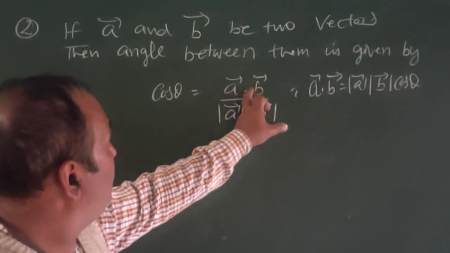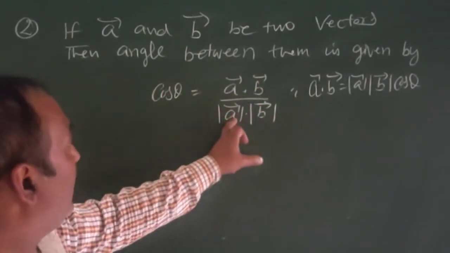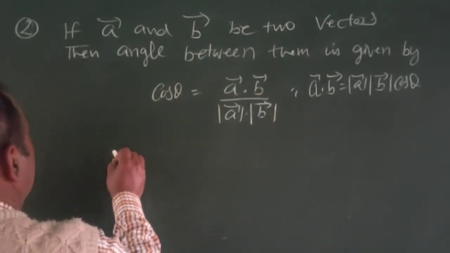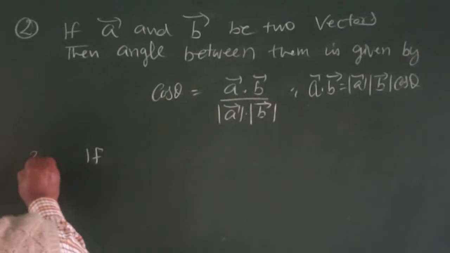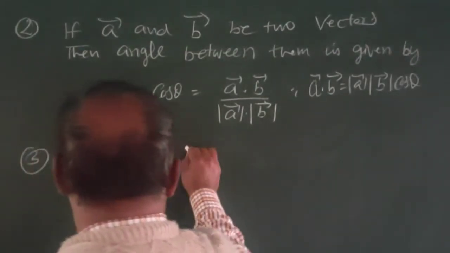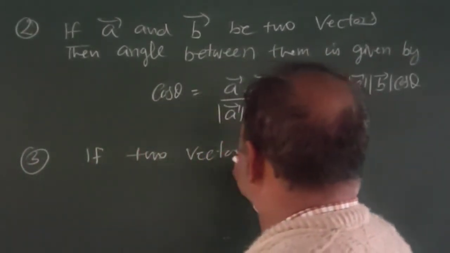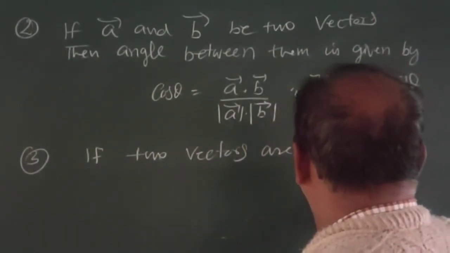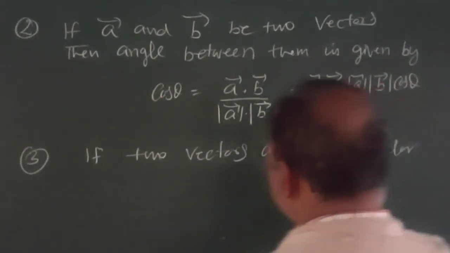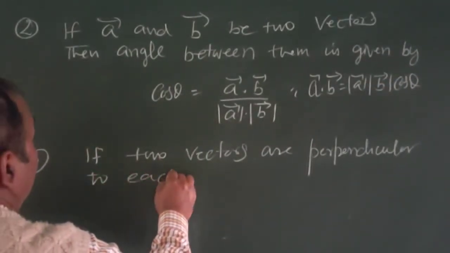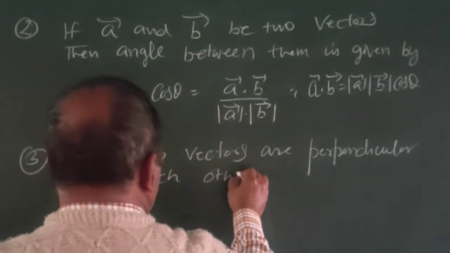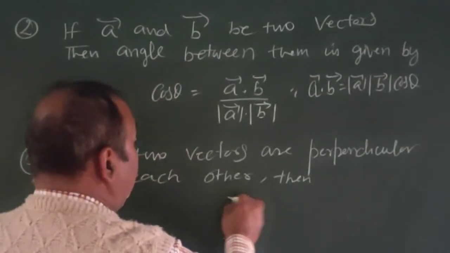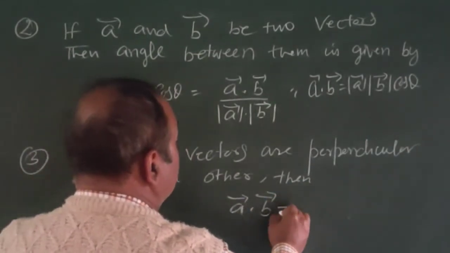Therefore, A dot B will be equal to 0 multiplied by their magnitudes, and we get the property: if two vectors are perpendicular to each other, then A dot B will be equal to 0.